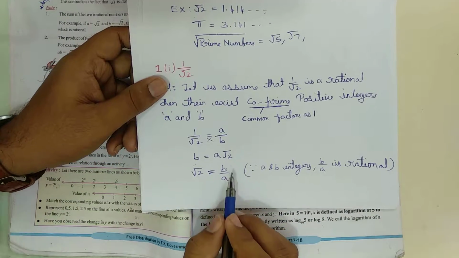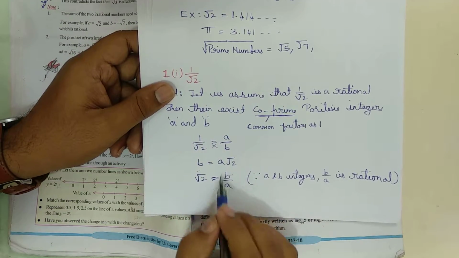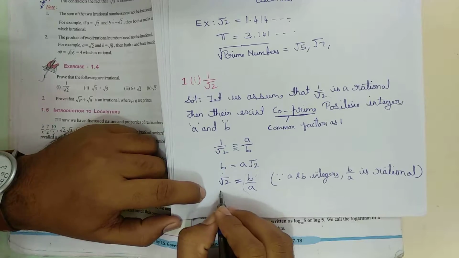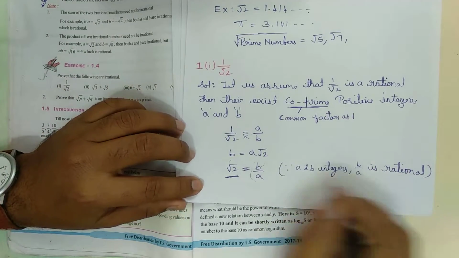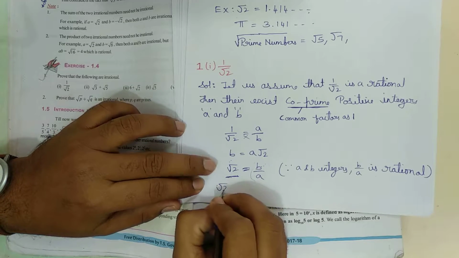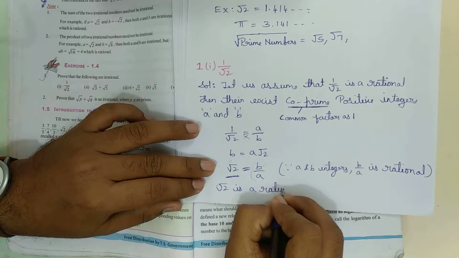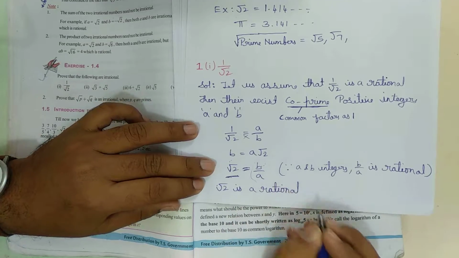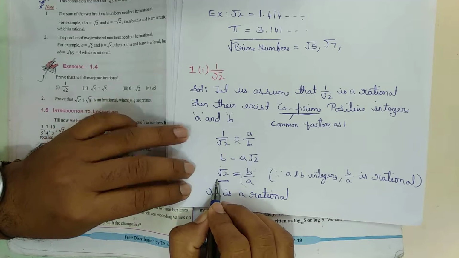Because it is in the form of p by q. When this number is rational, root 2 also becomes rational, because these two are equal to each other. So root 2 is rational.